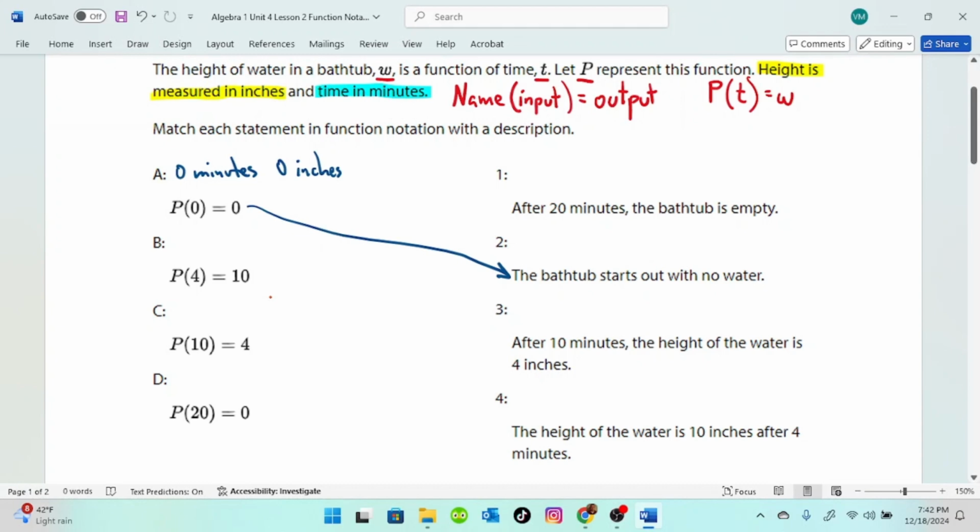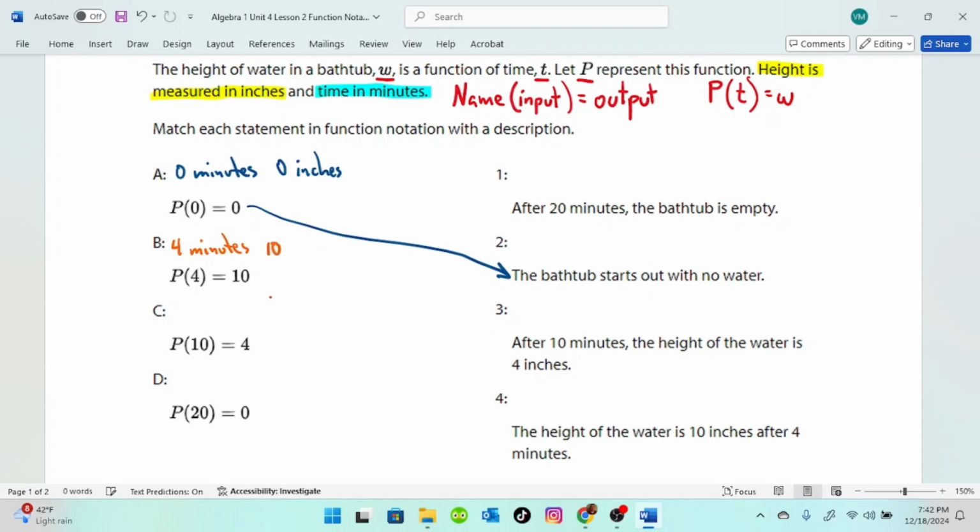Now we look at B. P of 4, again 4 is time measured in minutes. So we have 4 minutes, and 10 is W, which is the height of water measured in inches.